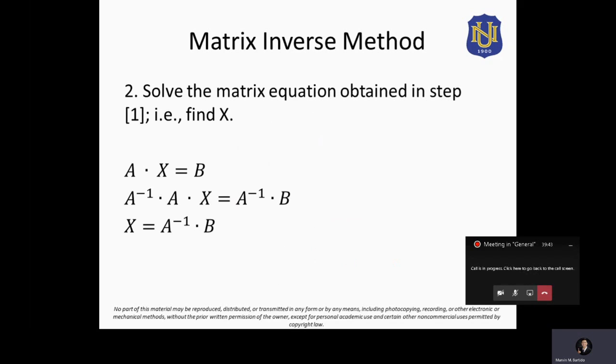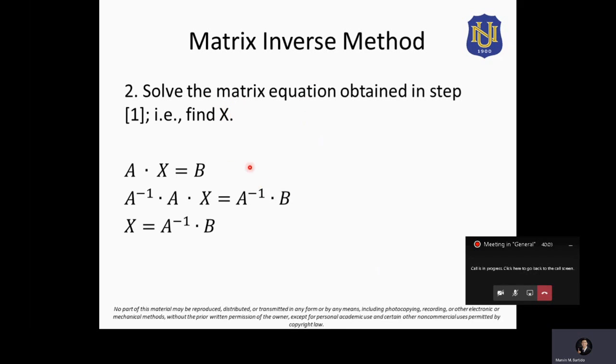Now, yung second step natin, we have to solve the matrix equation obtained in step 1. Okay, we have to solve for the X or yung values ng unknown variables, no? Yung capital letter X, it represents yung mga unknown variables natin, x, y, and z.